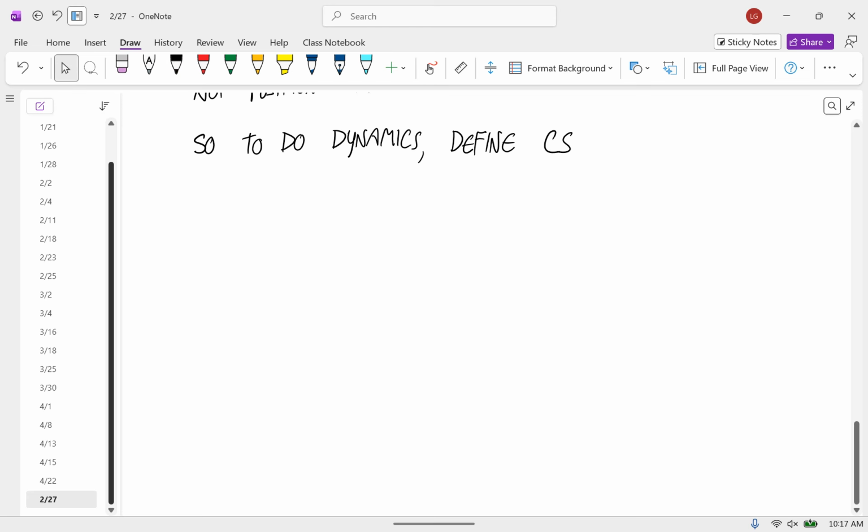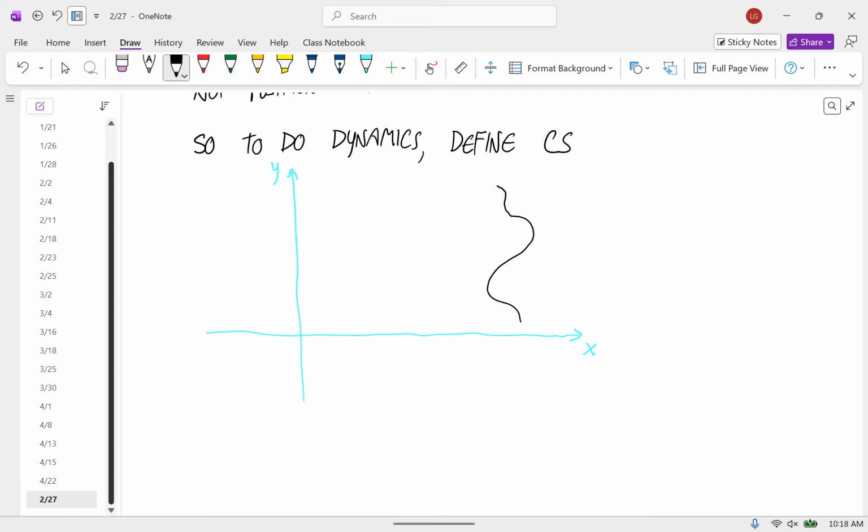And so the ones we're going to use are, we're going to have this underlying XY coordinate system that we're referencing everything to. This one we're always assuming is not rotating. And as this particle moves around, so here's our particle.